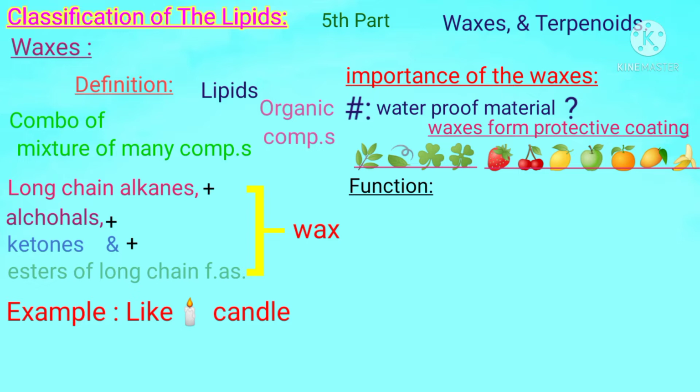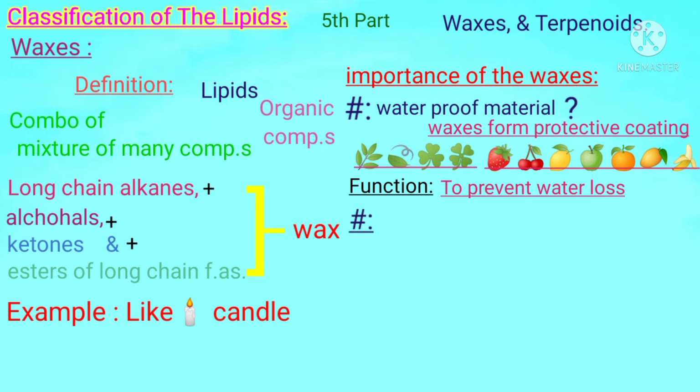Dear students, its function will be to prevent the water loss from the fruit's body. It means that the presence of waxes on the leaves and the fruit surface checks the transpiration process. So it will stop the evaporation from the leaves and the fruit surface.